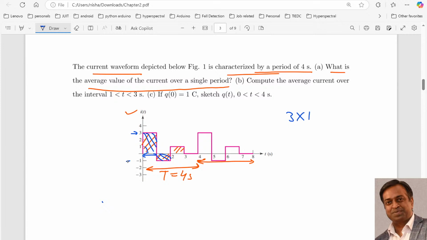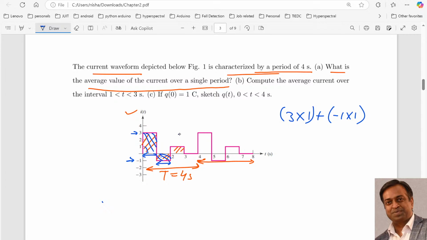This value is -1, and the distance is 1, because the timing distance is from 1 to 2. So the area will be taken as plus -1 into 1. Remember, we need to take it as negative, right?